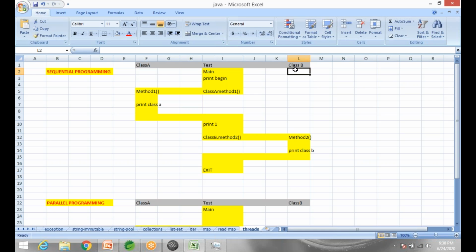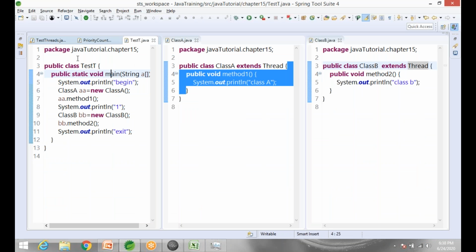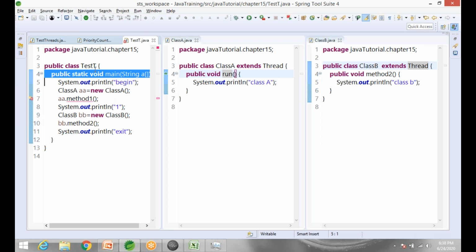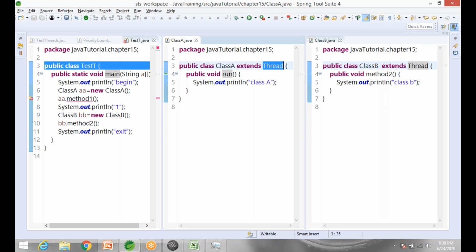Just like the main program always has the signature public static void main, the thread program has a similar method, and that signature is public void run. So remember, if public static void main is the main entry point for a program, for a thread program, the main entry point is public void run.